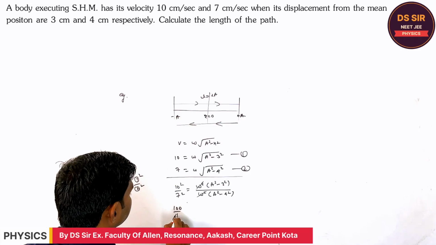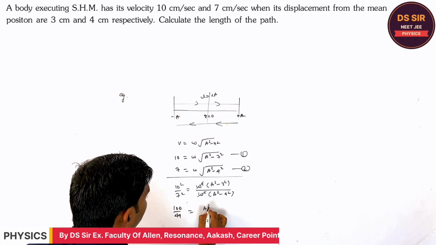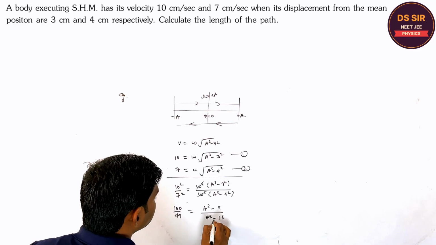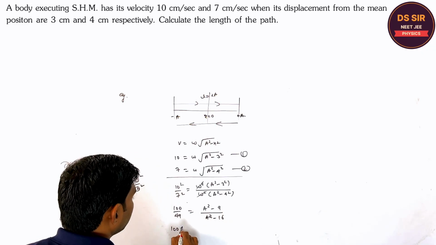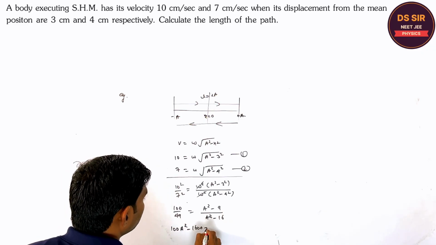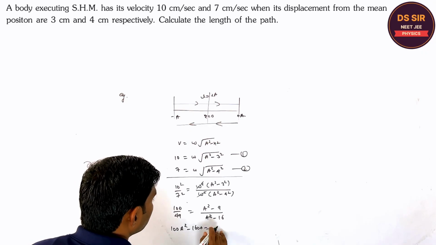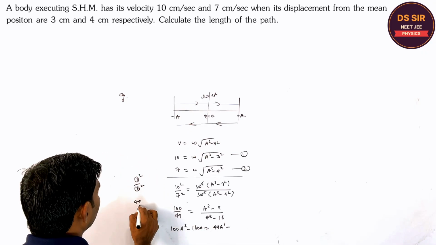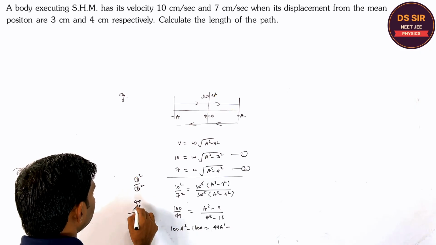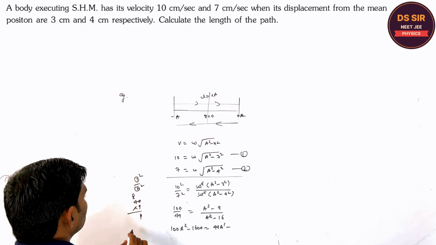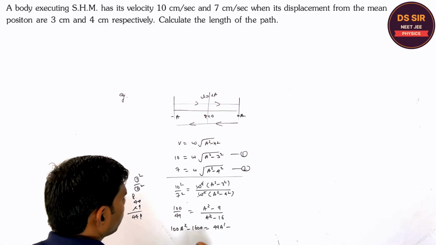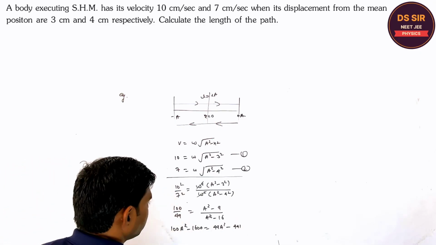It is 100 upon 49 equal to (A² − 9) upon (A² − 16). Multiply: 100 A² minus 1600 equals 49 A² minus 49 into 9, which is 441.